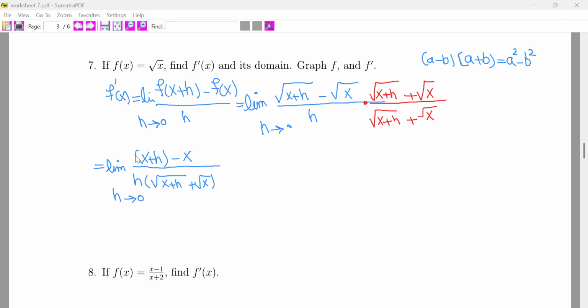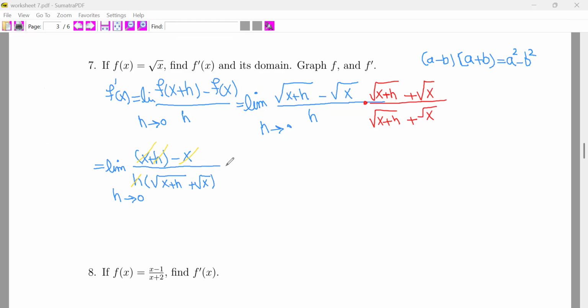We see that we can cancel x and x here, and also we can cancel h and h here, because after canceling two x's, we would have h at the top, and h at the numerator and denominator are going to be canceled.